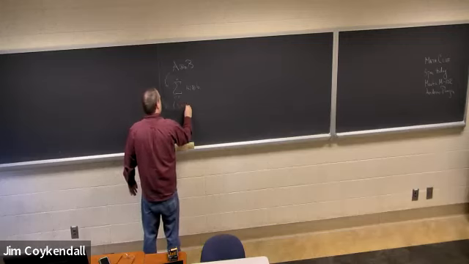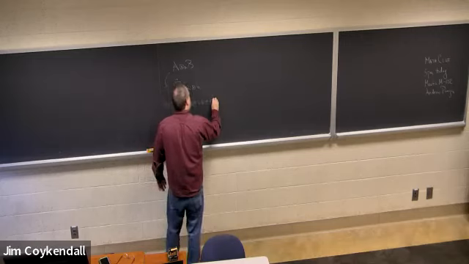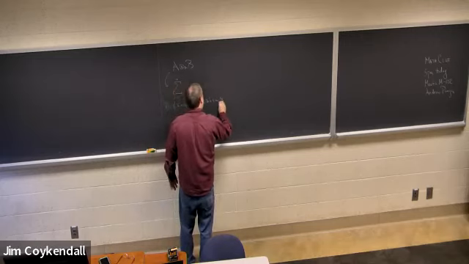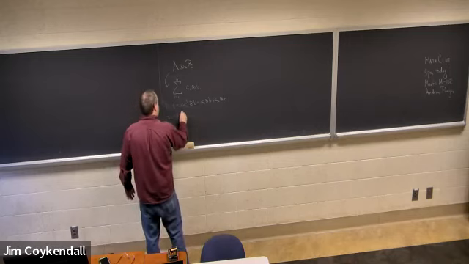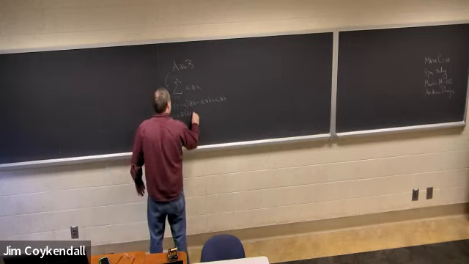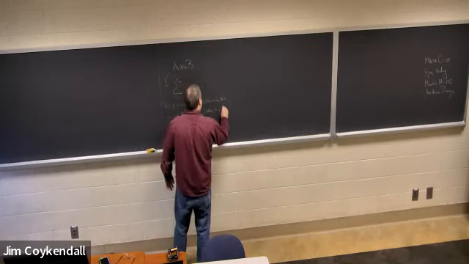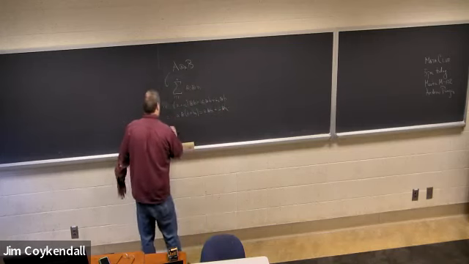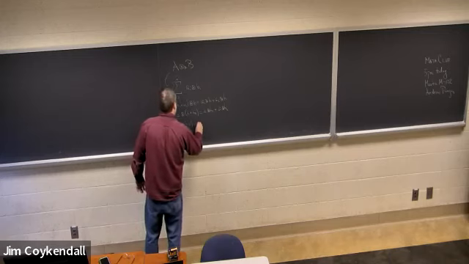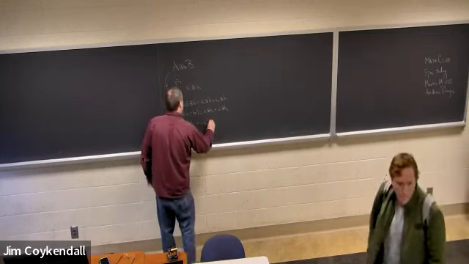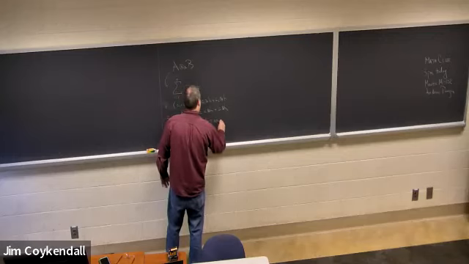A1 plus A2 tensor B is A1 tensor B plus A2 tensor B. And A tensor B1 plus B2 is A tensor B1 plus A tensor B2. And for R, R times the tensor A tensor B is RA tensor B, which is equal to A tensor RB.